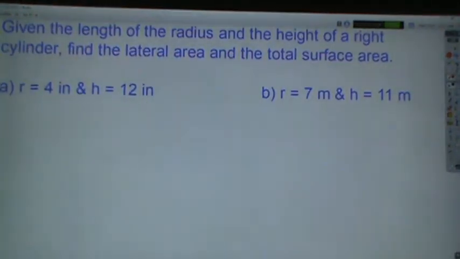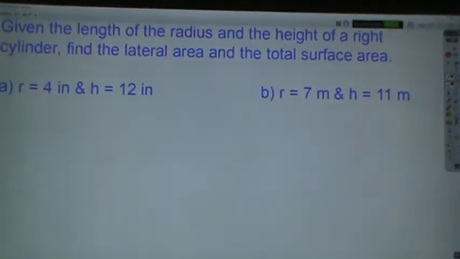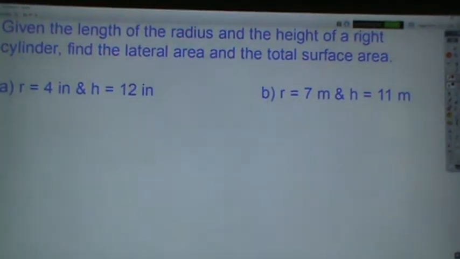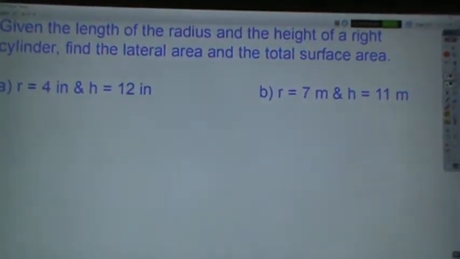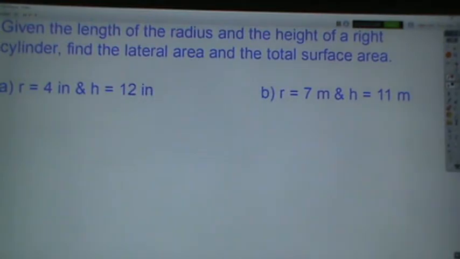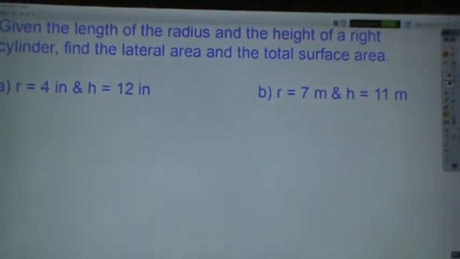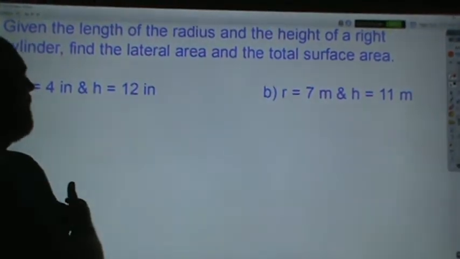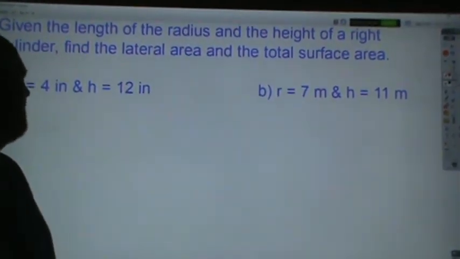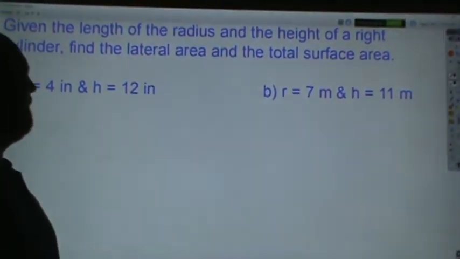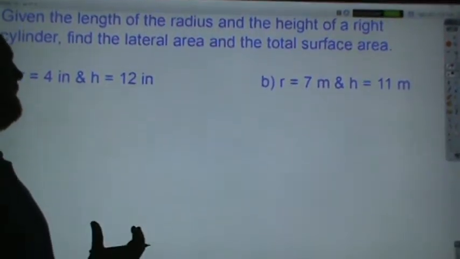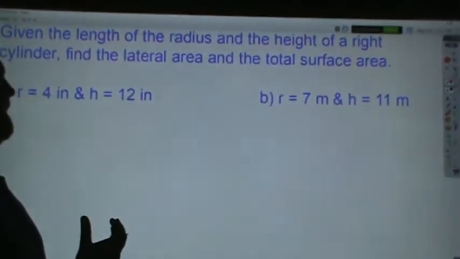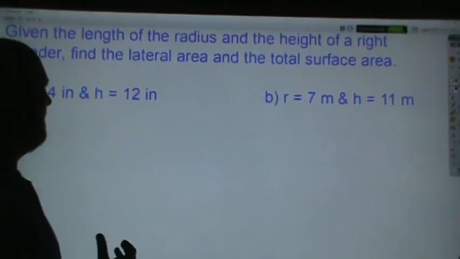Given the length of the radius and the height of a right cylinder, find the lateral area and the total surface area. Well, surface area of any three-dimensional object is the area of all the surfaces put together. So we're going to have those two circles that are the bases, but that lateral area is the area of everything in between.